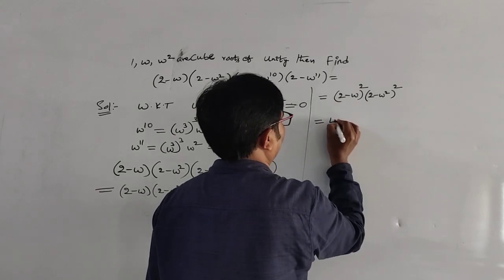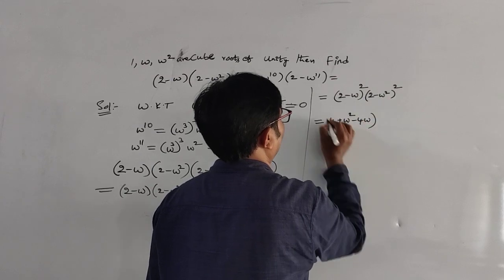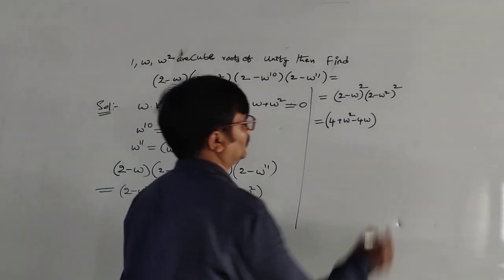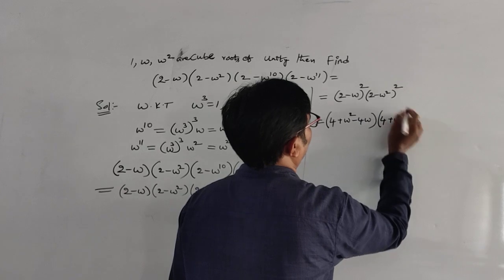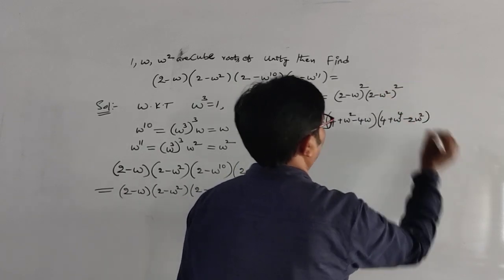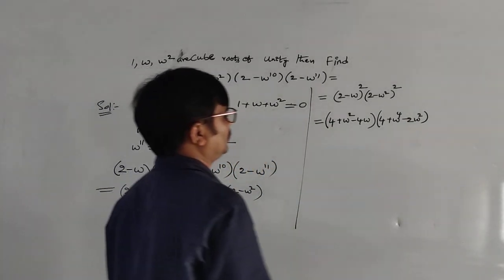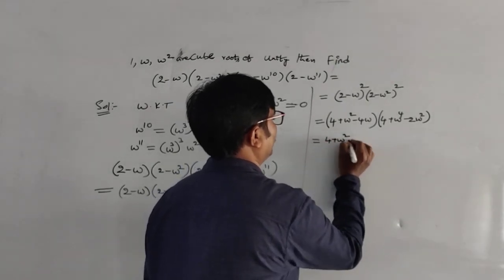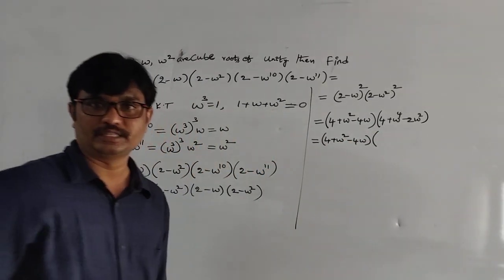So a square plus b square minus 2ab. Here a square is 4, b square is omega power 4, and minus 2ab is minus 4 omega square. So students, here what we observe, this is 4 plus omega power 4 minus 4 omega minus 2 omega square.